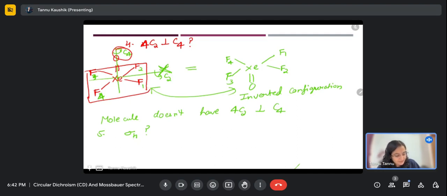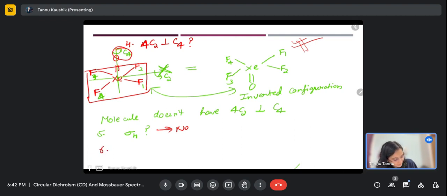If we apply this horizontal plane, then we again get this inverted configuration. So this molecule doesn't have a horizontal plane because we are not getting an equivalent, identical configuration.